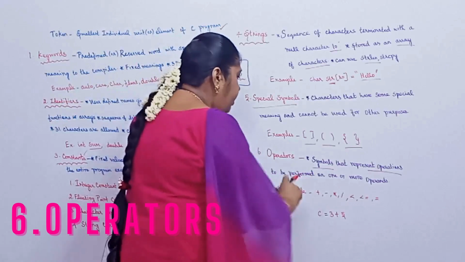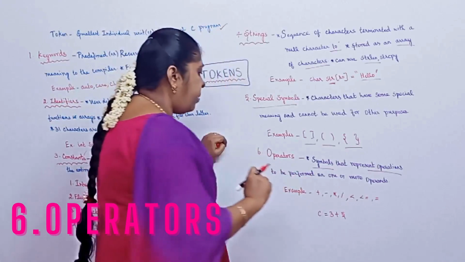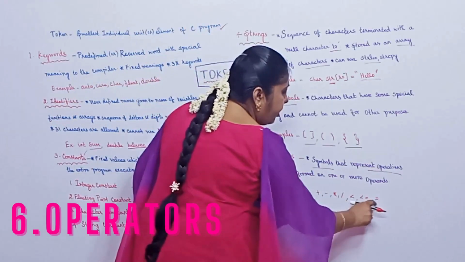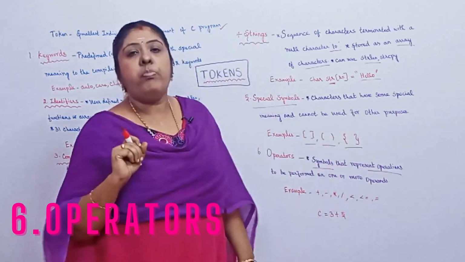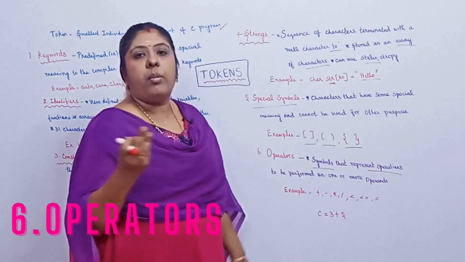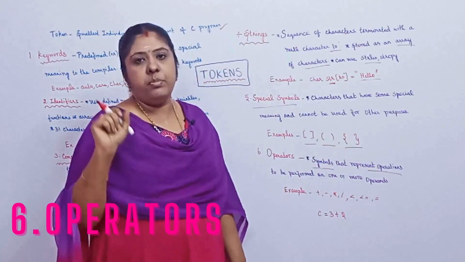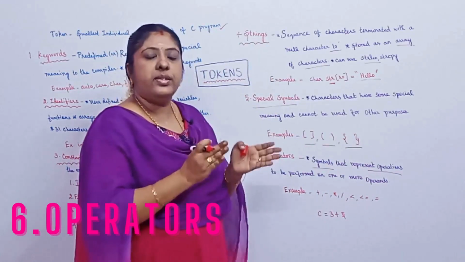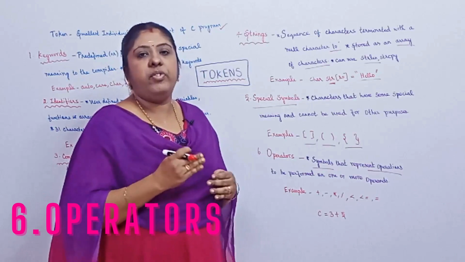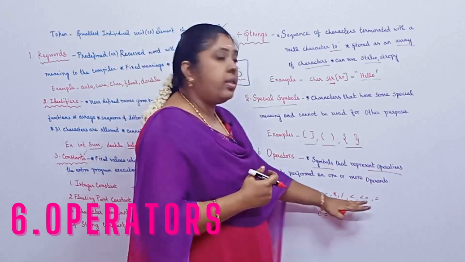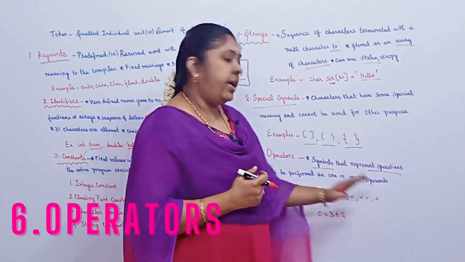The various operators are plus, minus, asterisk, slash, less than or equal to, etc. There are different types of operators: relational operators, logical operators, assignment operators, bitwise operators. We will see all those in detail in the upcoming videos. Now I have just shown the general operators.